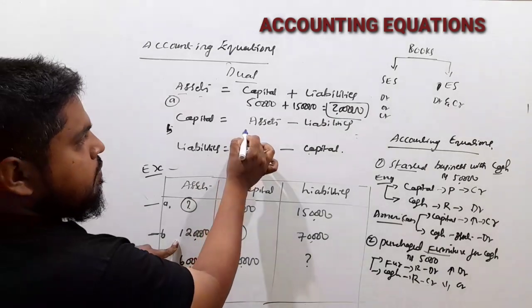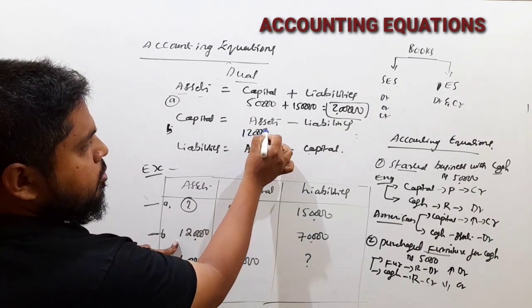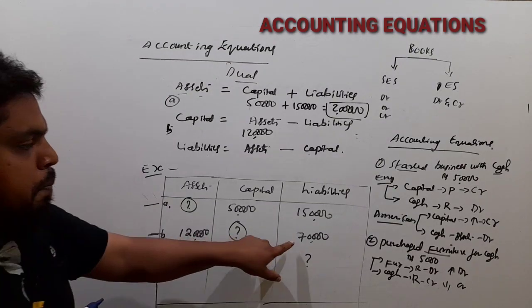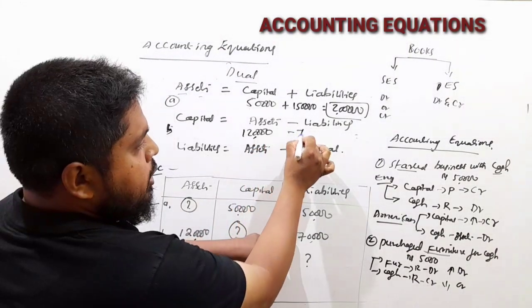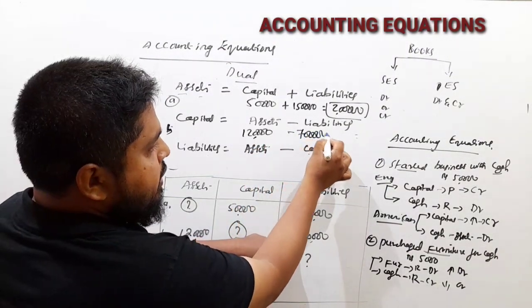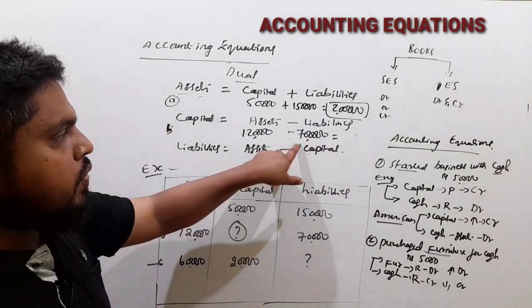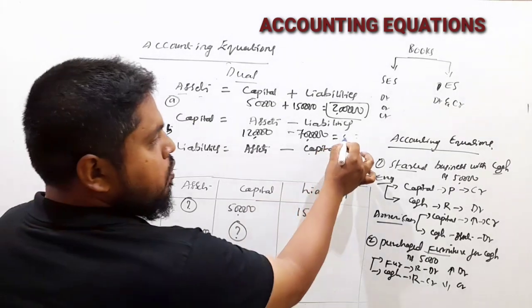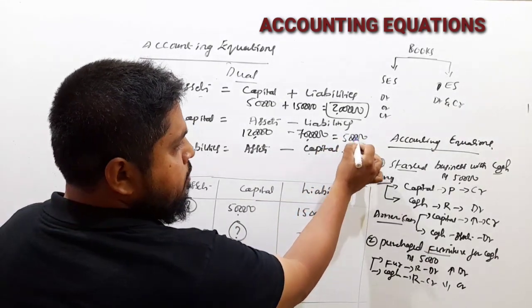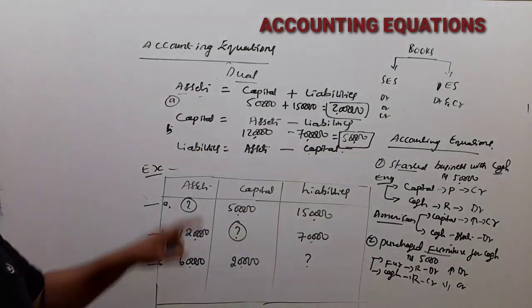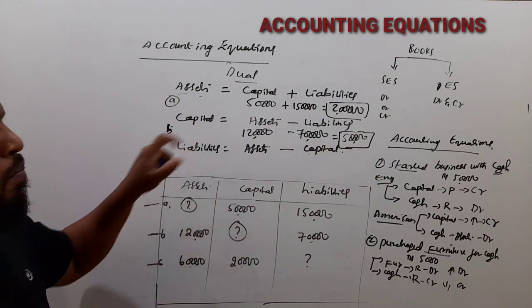So assets 1,20,000 minus liabilities 70,000. So 50,000 is the capital here.